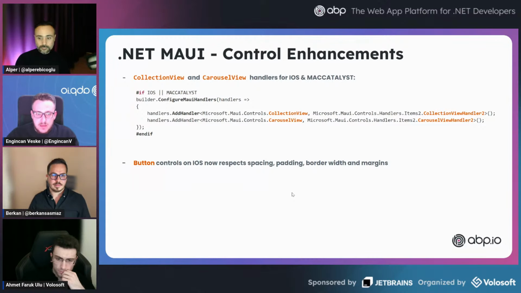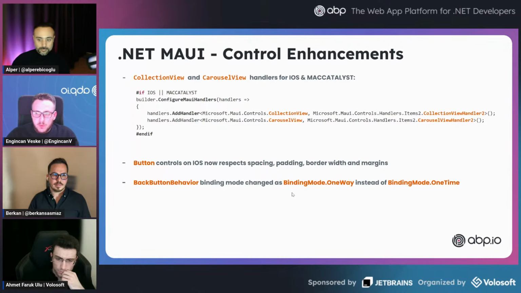It respects spacing, padding, and margins. And also, the back button behavior binding mode changed to binding mode one way instead of one time. This allows us to take an additional action when a back button is clicked or triggered from the application.